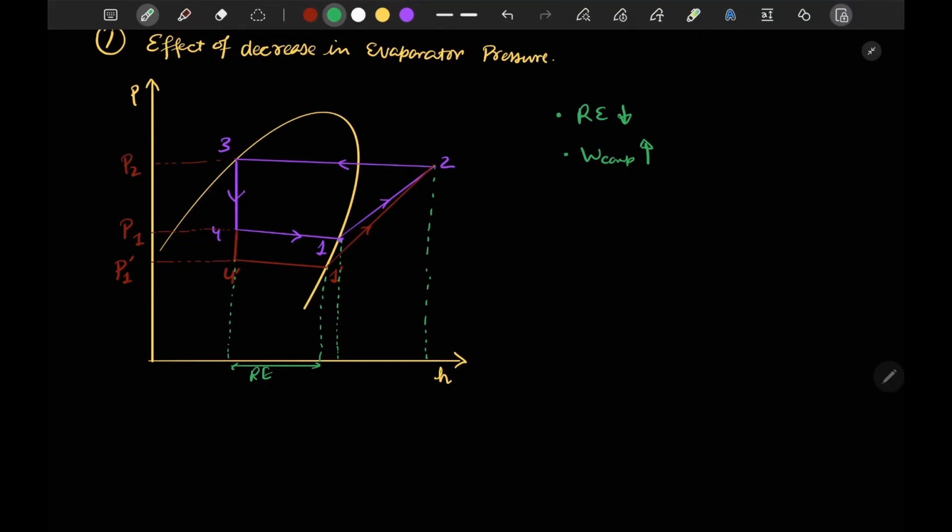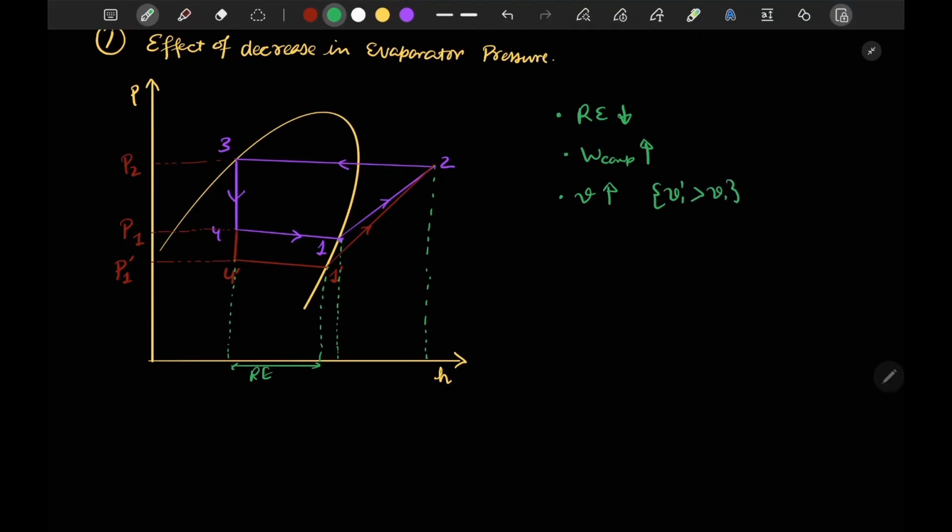Next, if we talk about specific volume, since we have moved along the saturation line and decreased the pressure, our specific volume increases. So from here we can write that V1 dash is greater than V1.